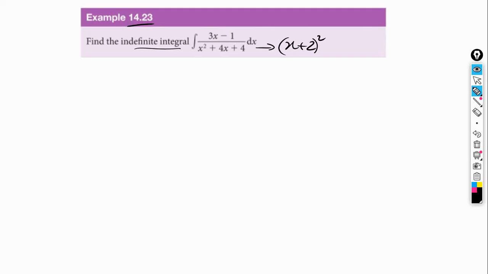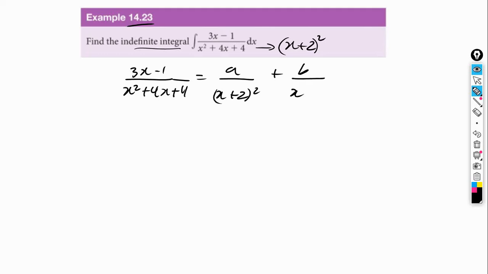So we can rewrite (3x - 1)/(x² + 4x + 4) as A/(x + 2)² + B/(x + 2). And then we just solve for A and B.